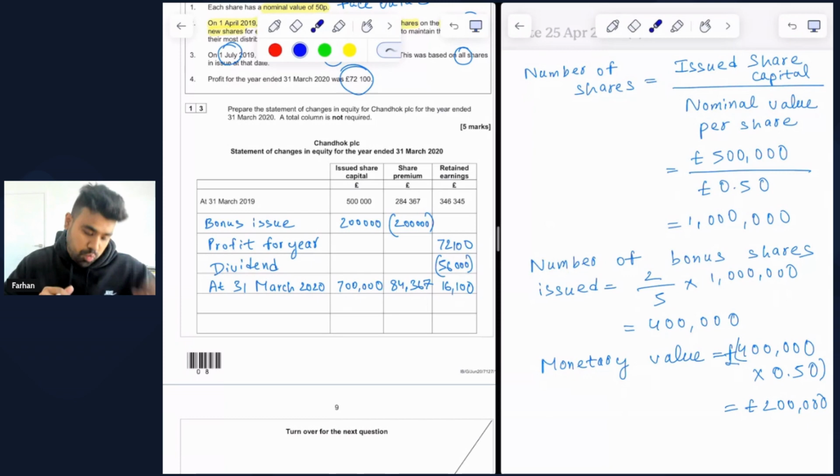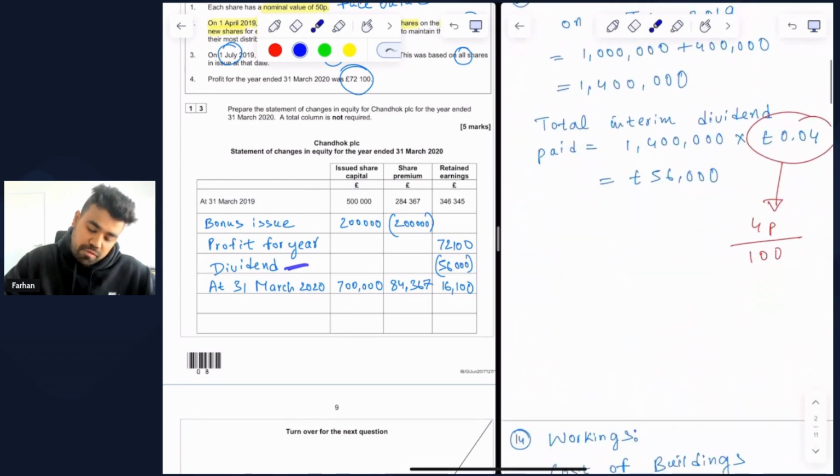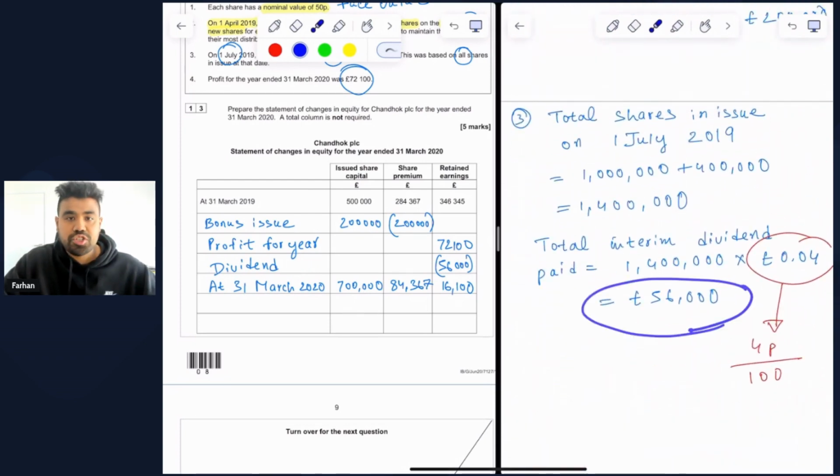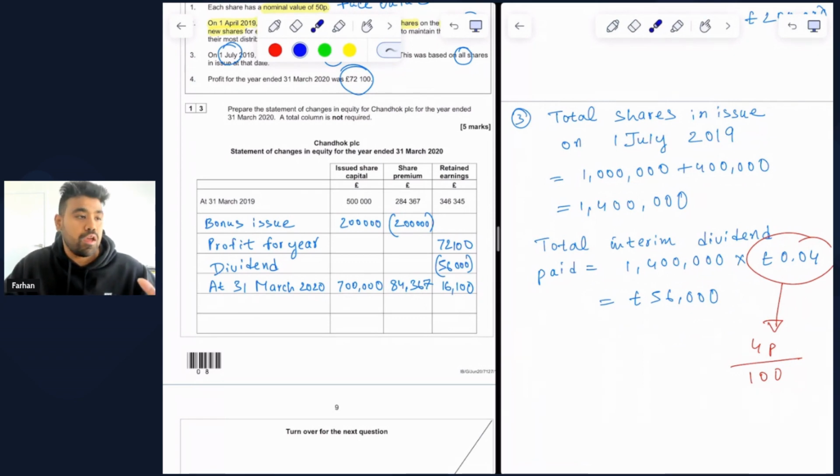The last thing that we have included are the dividends. Now the dividends we have calculated to be 56,000 pounds based on 1,400,000 shares, where 1 million shares come originally from the issued share capital, and an additional 400,000 shares comes from the bonus issue of shares, which we have calculated using the proportion of 2 shares for every existing 5 shares.